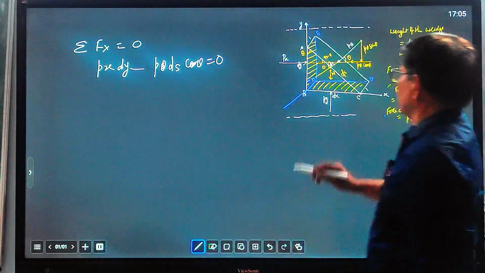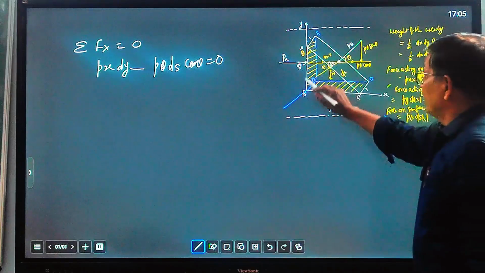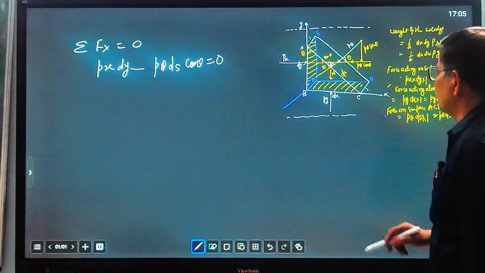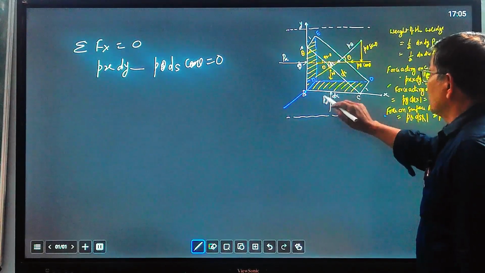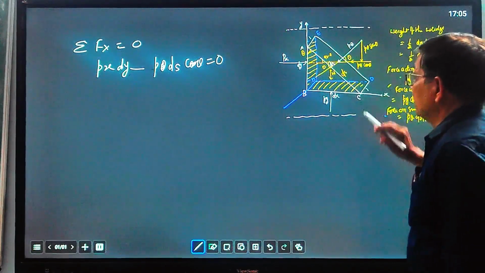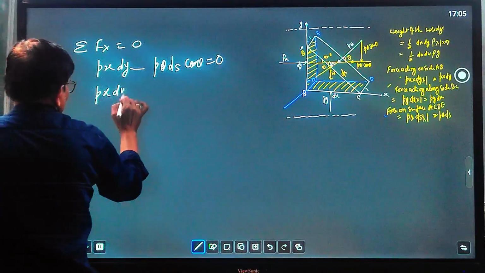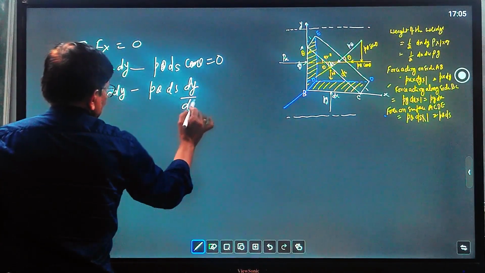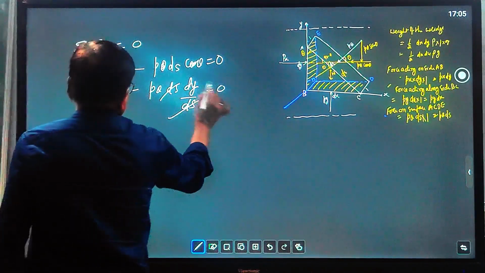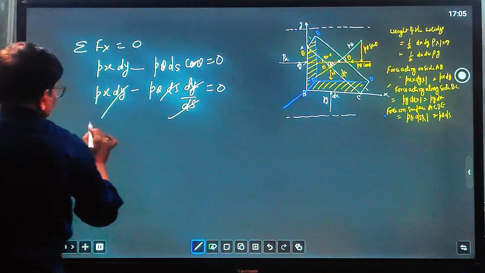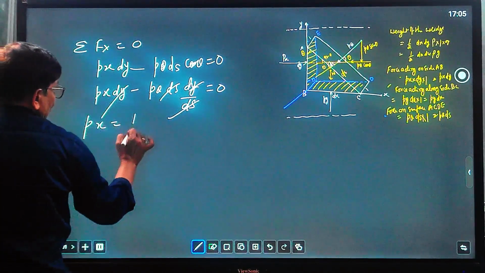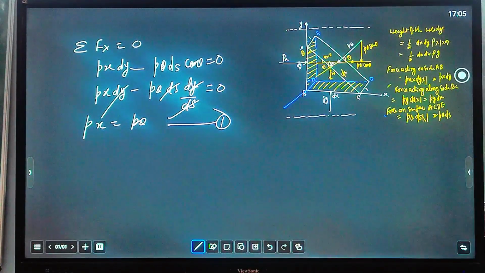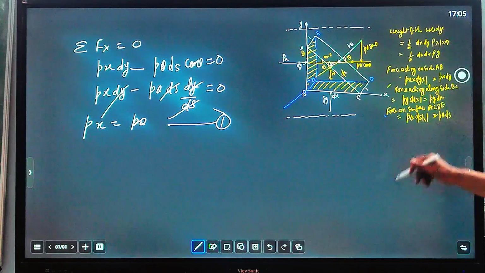Putting the value of cos theta from triangle ABC, angle BAC equals theta, so cos theta equals dy by ds. So px dy minus P theta ds times dy by ds; ds is removed, dy also removed, equal to 0. So px equals P theta. This is equation number 1.